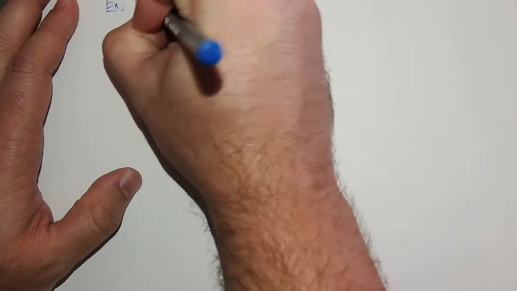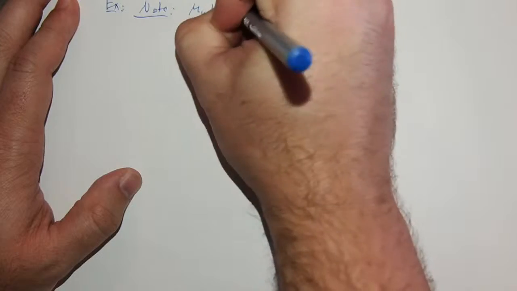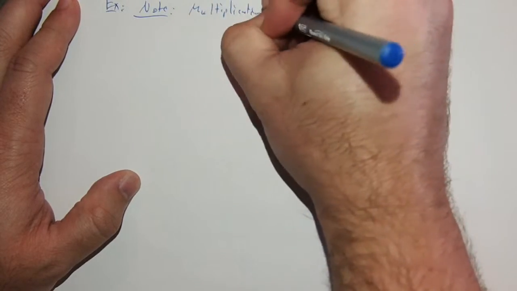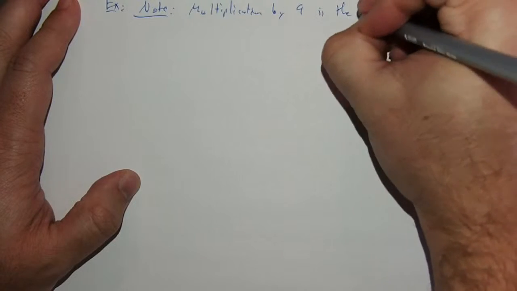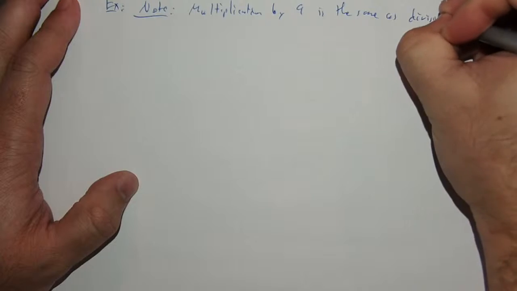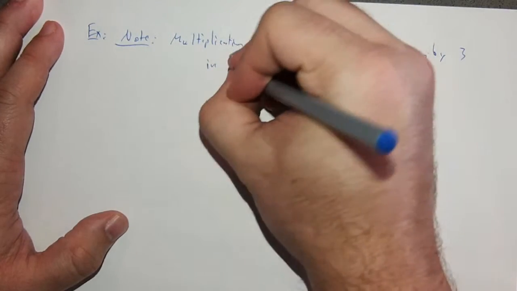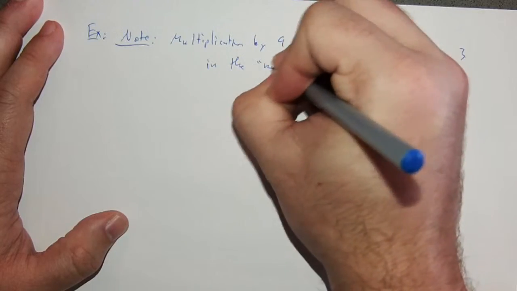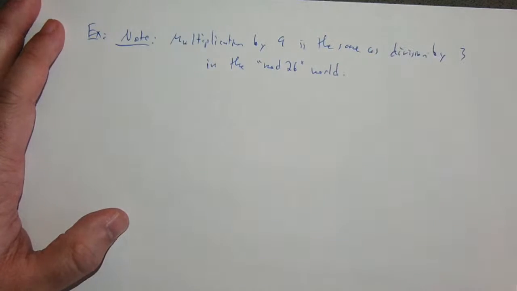So here's an example. Note, multiplication by 9 is the same as division by 3 in the mod 26 world. Right?